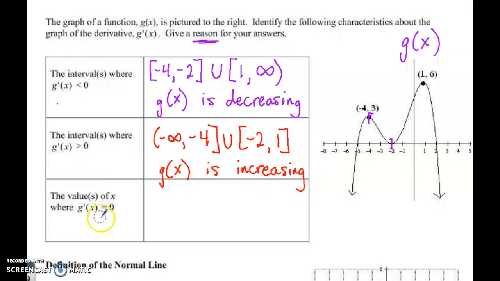Now, where is the derivative equal to 0? And that was my clue from the first video: we're looking for horizontal tangents. Maybe you might even mention that we have relative mins and maxes.